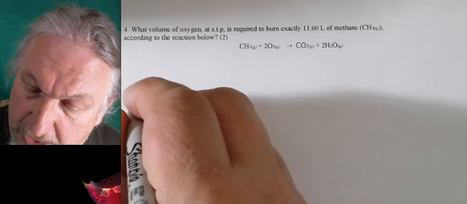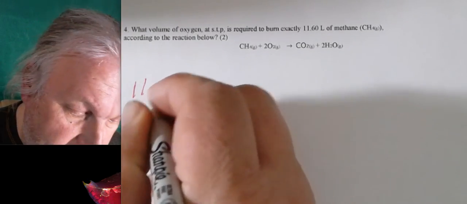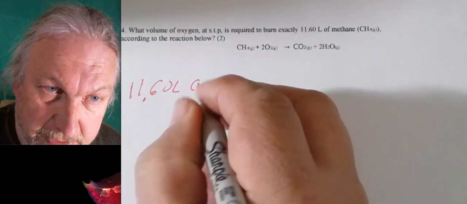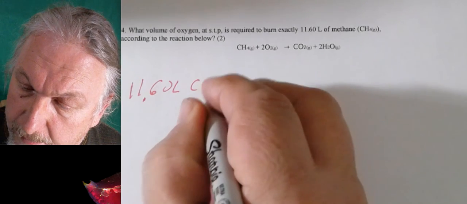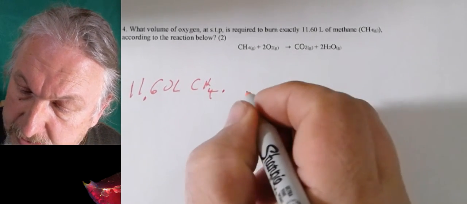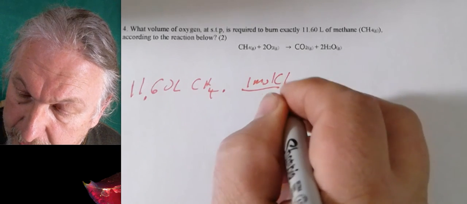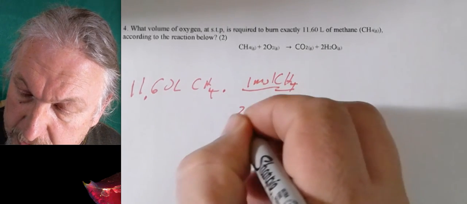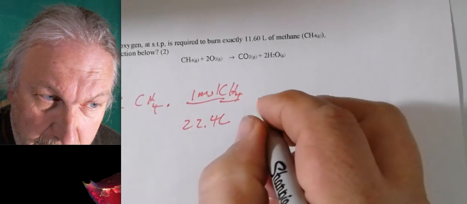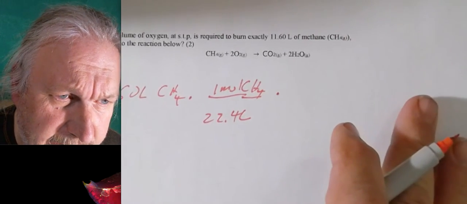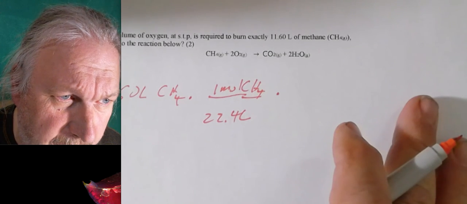So I'm going to set up a little dimensional analysis. I have 11.60 liters of methane, CH4. 1 mole of methane will have 22.4 liters. Now if we do our magic, everything looks exact, so it's balanced.